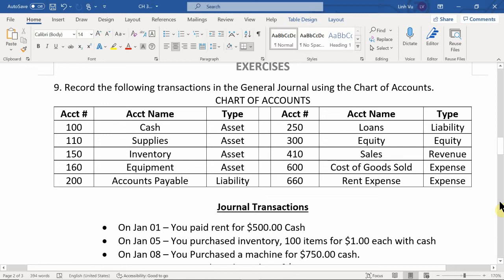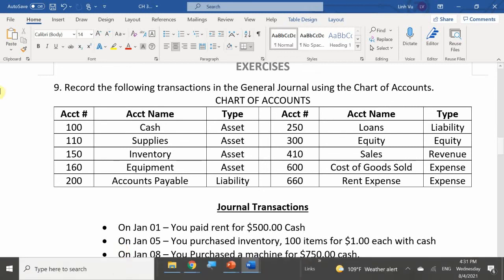In this case, I got rid of my items, right? So am I going to increase that? It's an expense. It is an expense. It's a debit. Correct. Good. So my cost of goods sold account is account number 600.